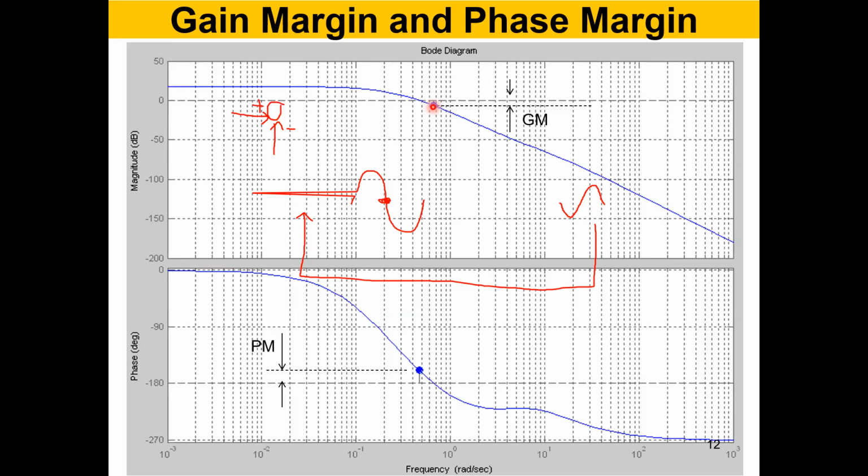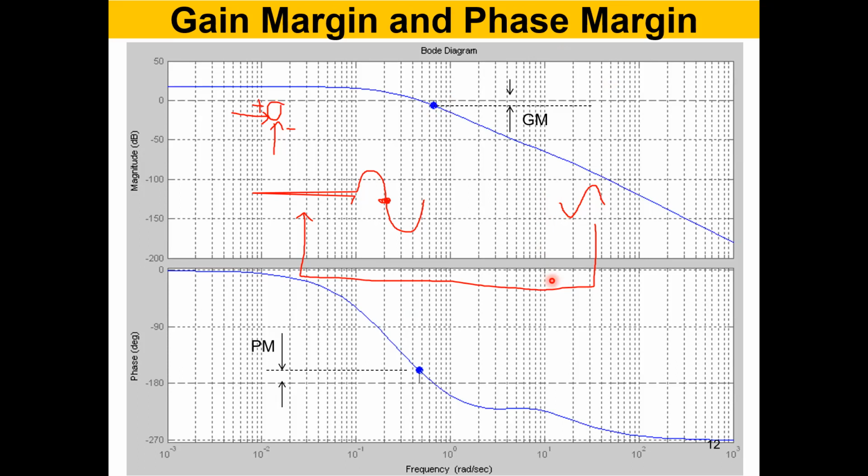But if your margin is very, very small, that's not good. Even though you are safe, the margin is not that wide. If you make any additional change in the plant, probably you will lose this gain margin and you will become unstable, right? So that is the gain margin.